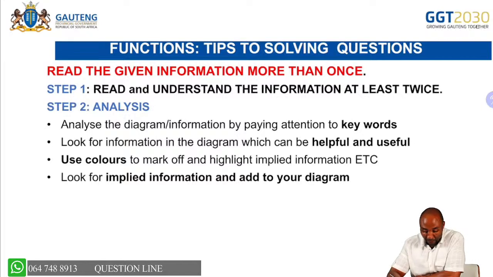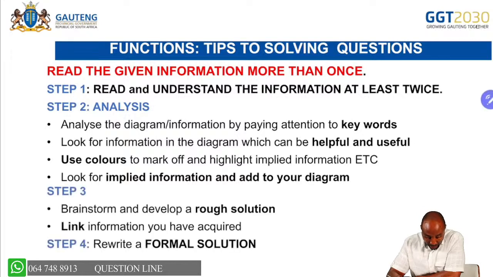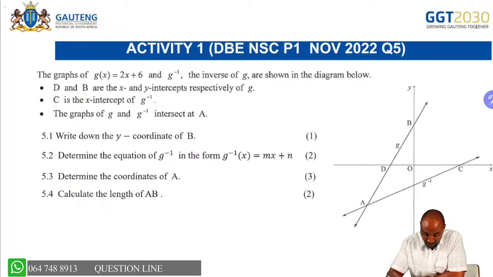We look for the information in the diagram that can be helpful. We can use color to mark areas or regions where you have implied information. We add it to the diagram. We brainstorm and develop our rough solution, linking the information we are acquiring as we are looking at the question. Then we write a formal solution.